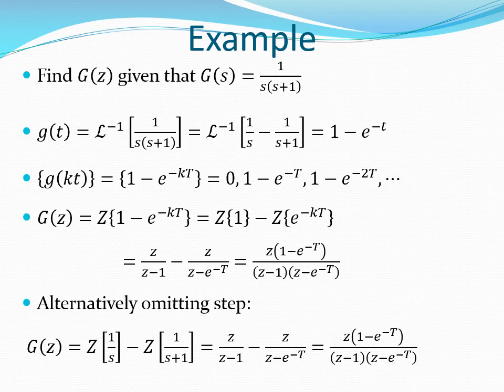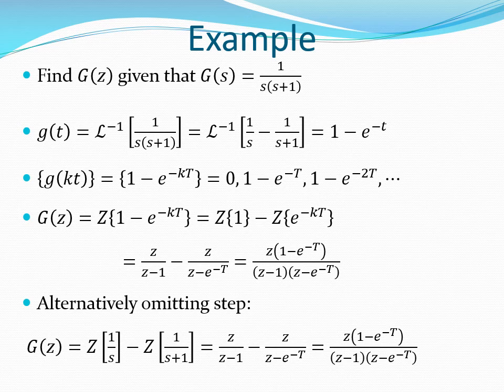We substitute for t using kT to get the sequence g(kT), and the expression that defines the sequence is 1 minus e to the minus kT. To get the values in the sequence, we can substitute in that expression using different values of k from 0 up to infinity.